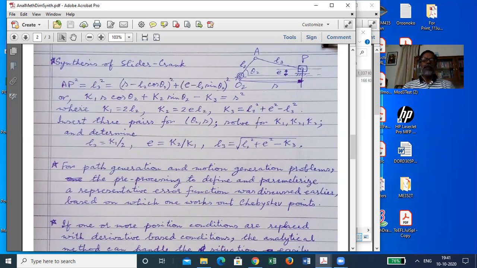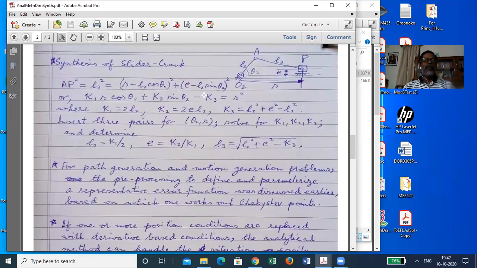Fine. So you have got this equation. Again, you have got an equation in three unknowns K1, K2, K3, which are expressed in terms of three design parameters L2, E, and L3. And this is easier actually because K1 depends only on L2, K2 depends on E and L2, and K3 depends on all three. So then with three position synthesis, you insert the three pairs of values of theta 2 and S, and from that you get three linear equations in K1, K2, K3.